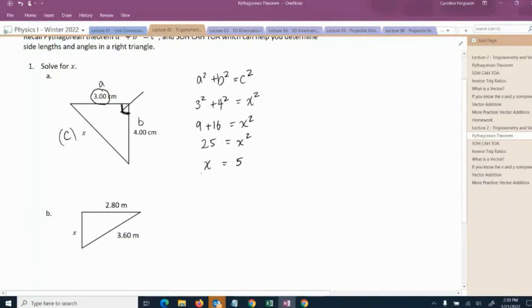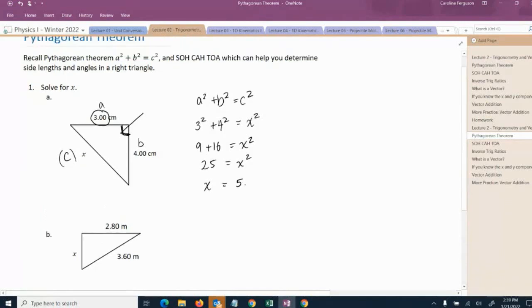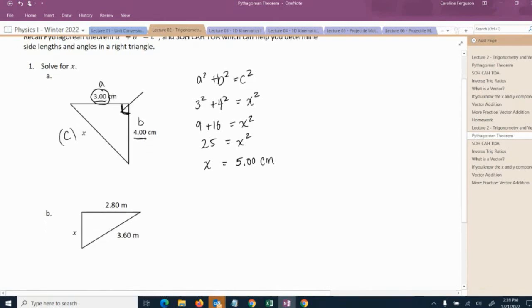All right, so I have 5. If I wanted decimal places, I can say 5.00. My question has 3 significant figures given, so my answer, I'm going to give 3, and I'm going to remember my units. On Canvas, you cannot input units. That's kind of the biggest problem with Canvas, I find, with these kinds of tests. I can't say, enter your answer, and then you put 5 centimeters. You have to just write 5.00 or 5.